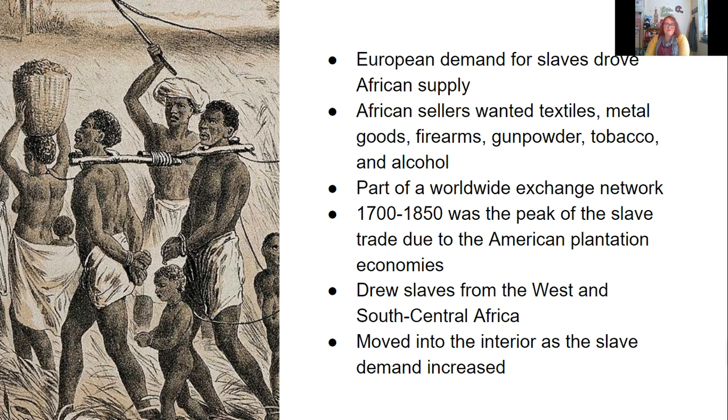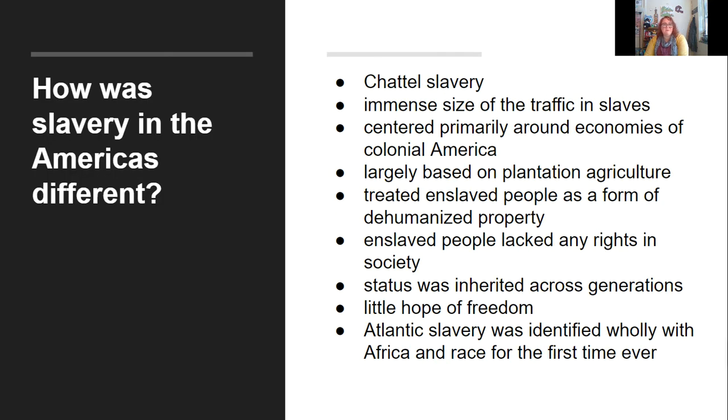Between 1700 and 1850, this was the peak of the slave trade, and this was due to the American plantation system. It drew slaves from West and South Central Africa and moved into the interior as slaves continued to be in demand. And this is where we start to see the kidnapping of people.